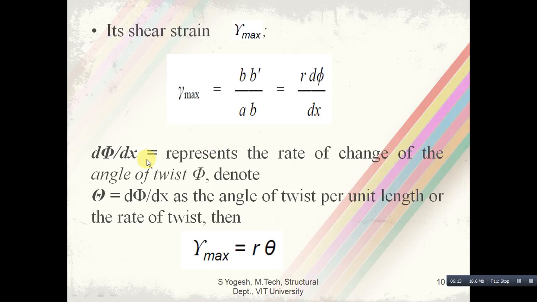D phi by dx represents the rate of change of the angle of twist phi. Here we take d phi by dx as theta, the angle of twist per unit length or the rate of twist. Then gamma max will be r theta.